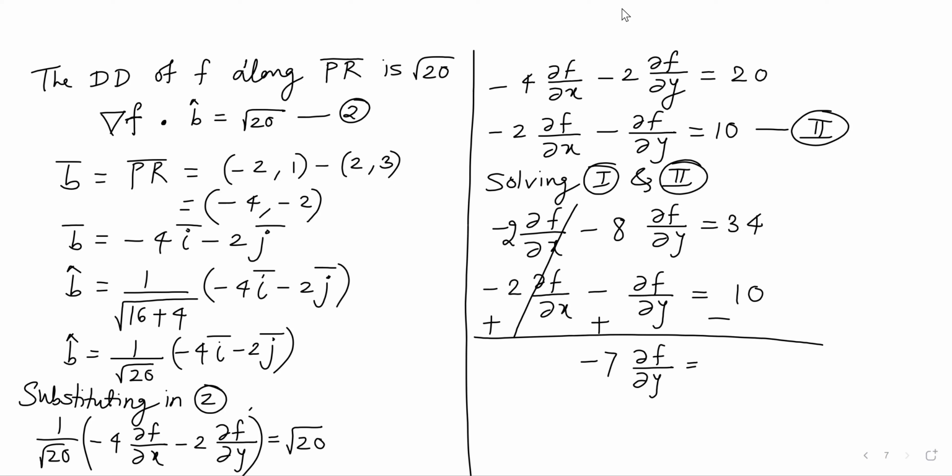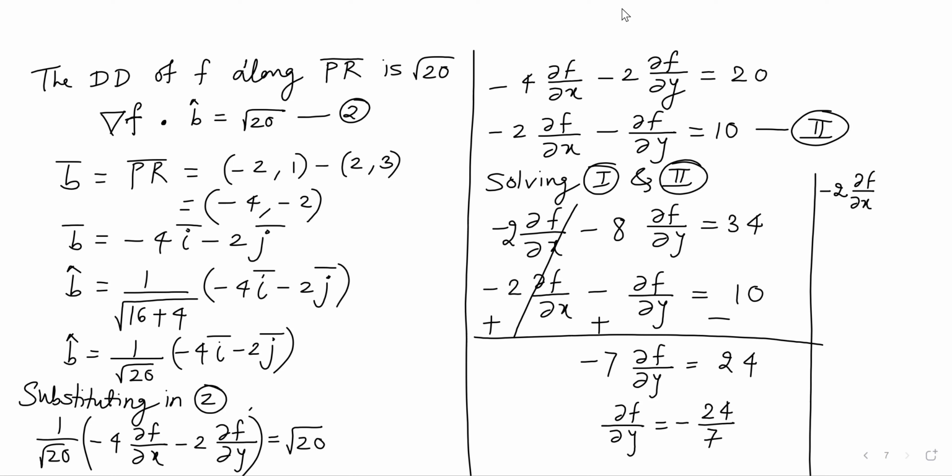This is nothing but 24. Correct? So I get del f by del y as minus of 24 by 7. Correct? And similarly, you now calculate del f by del x from this. So substitute in any of the equations here. When I put it, minus 2 times del f by del x is equal to 10 plus del f by del y.